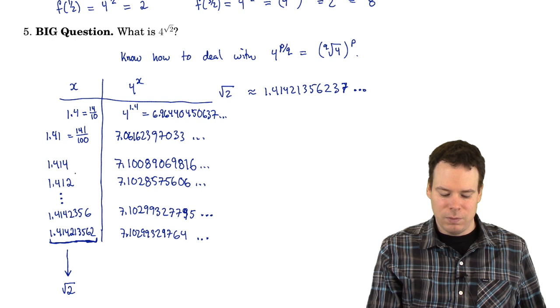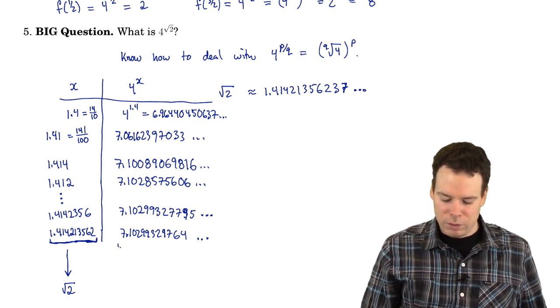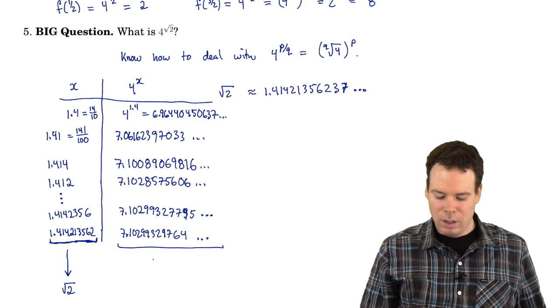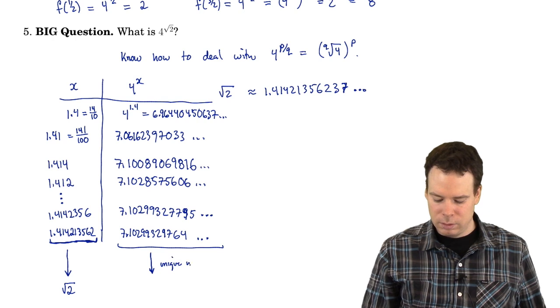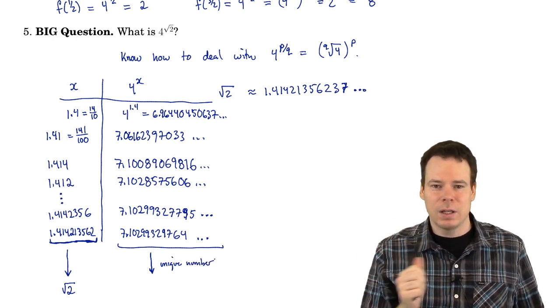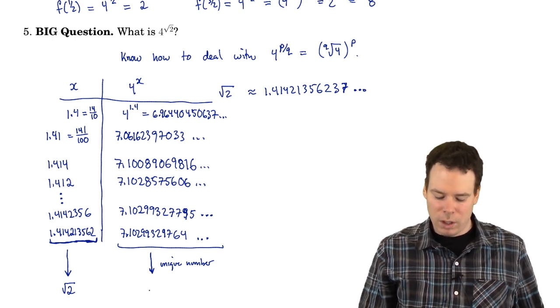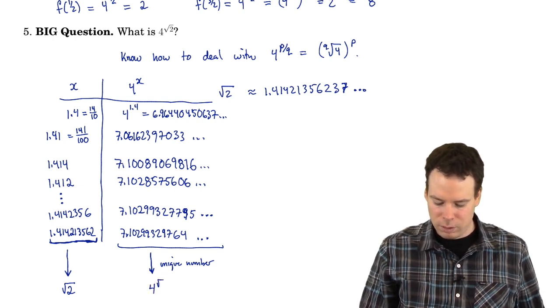So this sequence of inputs is heading towards the square root of 2. And it turns out that these numbers are heading towards a unique number. They get closer and closer and closer to a particular real number. That particular real number is what we call 4 to the square root of 2.